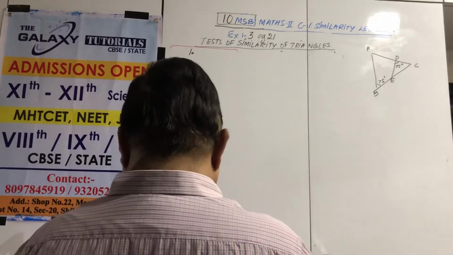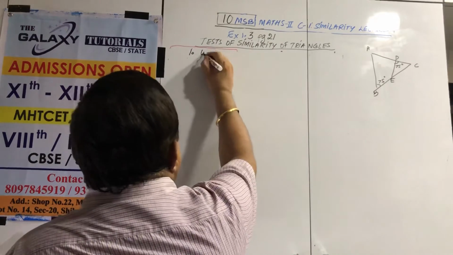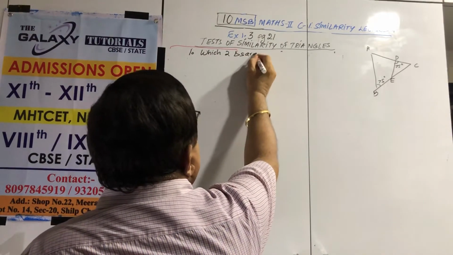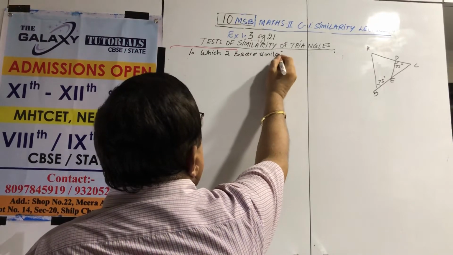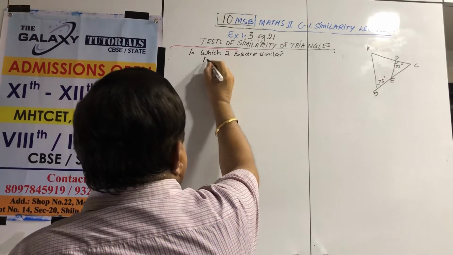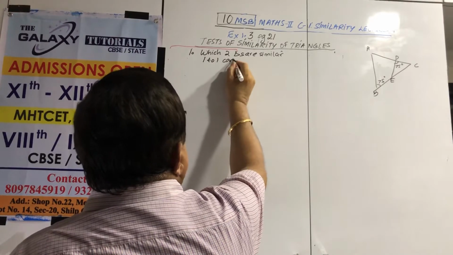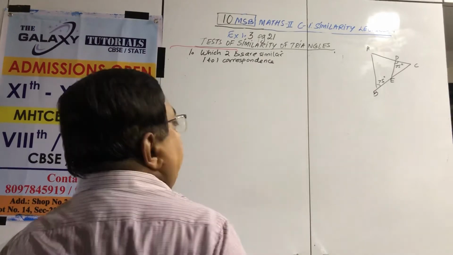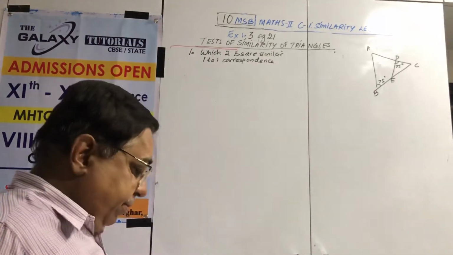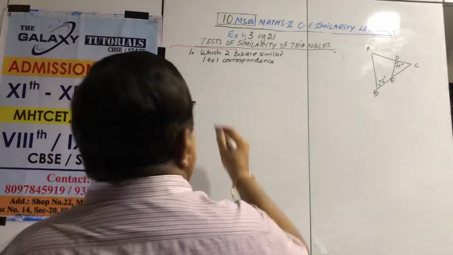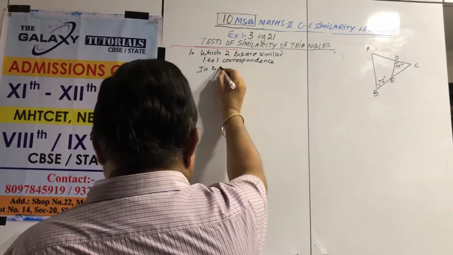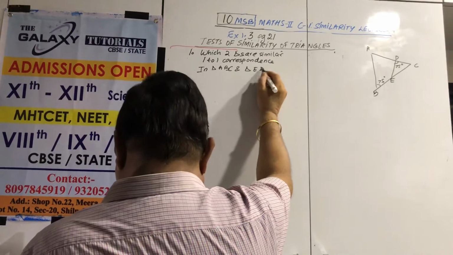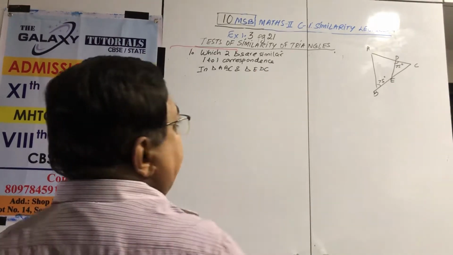I am supposed to say which two triangles are similar, and give the 1-to-1 correspondence, which side or angle corresponds to which. In triangle ABC and triangle EDC, I am using this because it is given in the sum like this.